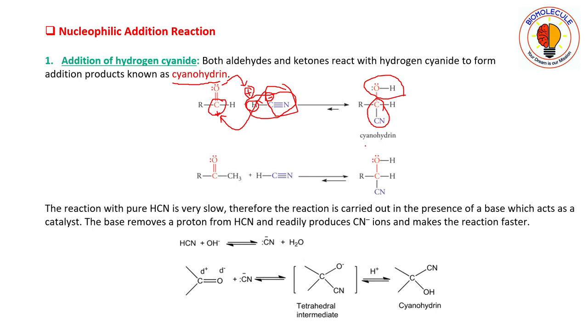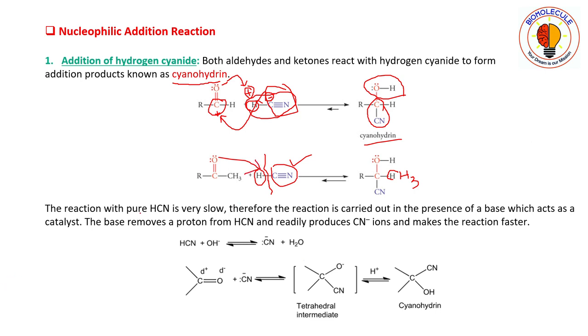This molecule is known as cyanohydrin. In the example of the ketone, a similar thing is going on. Sorry, this one will be CH3, not hydrogen. Here two groups are there. The carbon will add cyanide and oxygen will take up the proton.